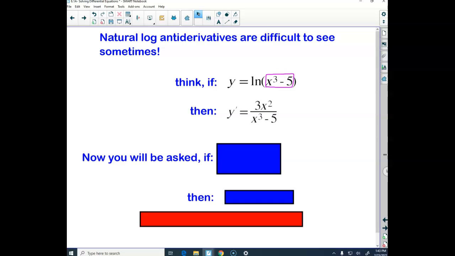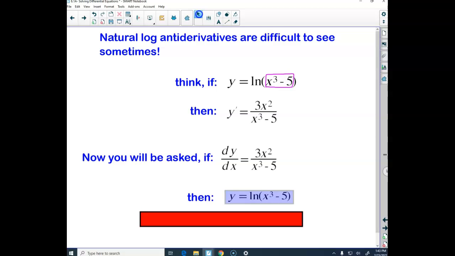But now you're going to be asked a different question. They're going to say, if dy dx equals 3x squared over x cubed minus 5, then what does my original function equal? And we need to reverse here. We need to go backwards. The antiderivative of dy dx would be y.